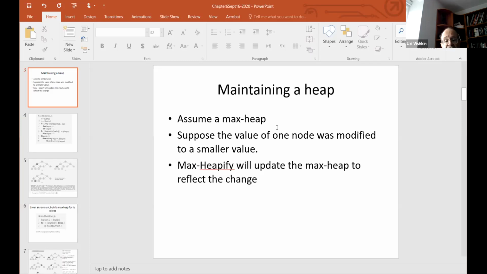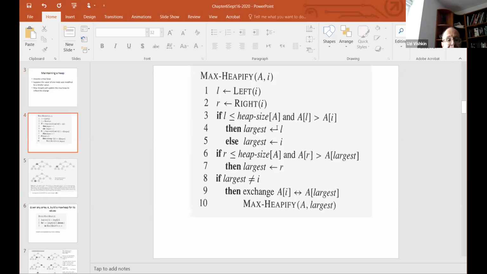And at the end of this process, you again have a legitimate max heap. And observe that we didn't solve any problem, right? We just had a data structure, we applied a query to it, and at the end, we again have the same data structure, a legitimate data structure that fits the definition of the data structure. Okay.